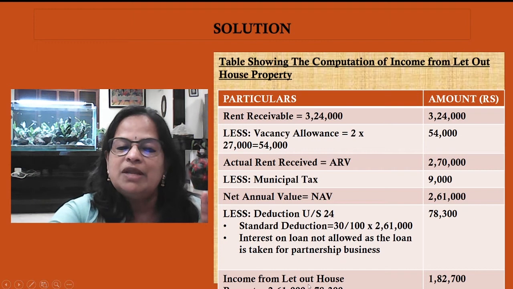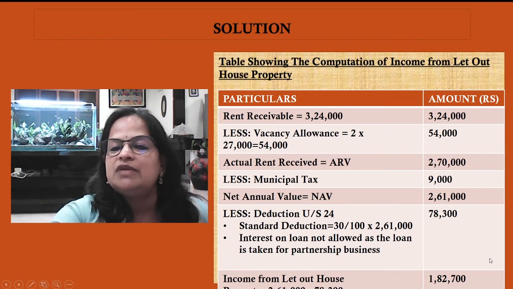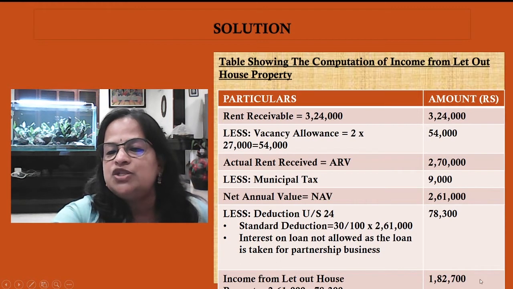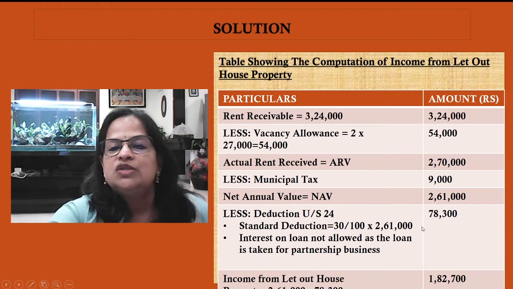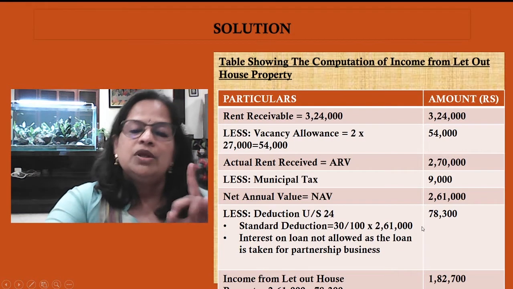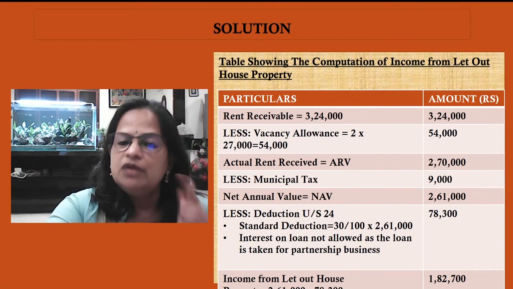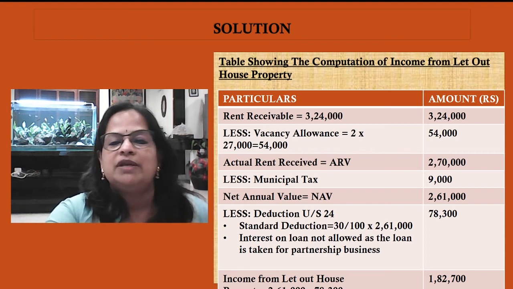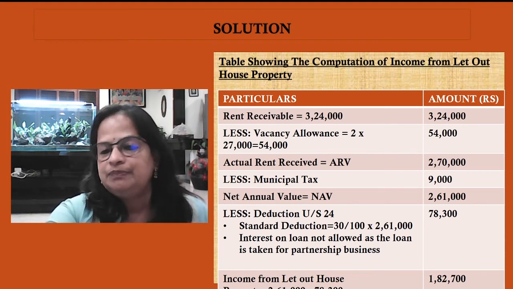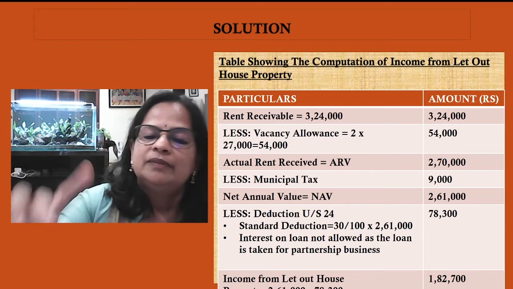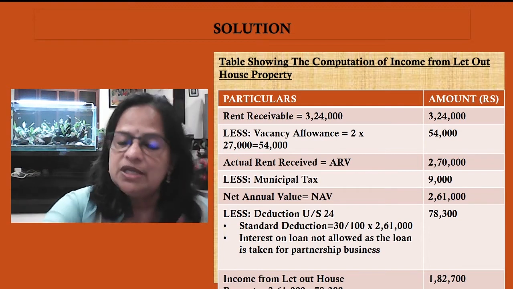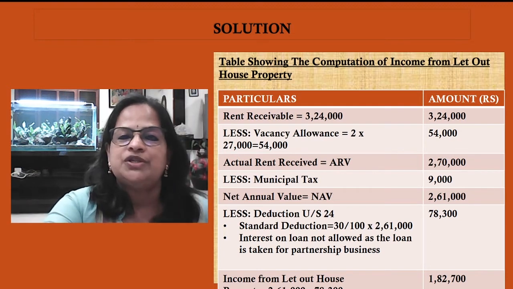So income from let out house property is 2,61,000 minus 78,300, which gives 1,82,700. In this problem you learn one adjustment: if the loan is taken only for the construction of the house property, then only you get the deduction. A partnership business loan is not allowed for this computation.